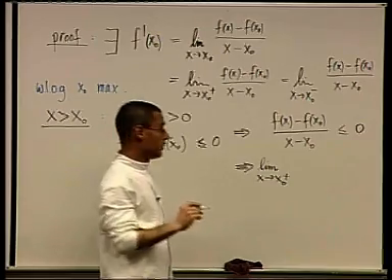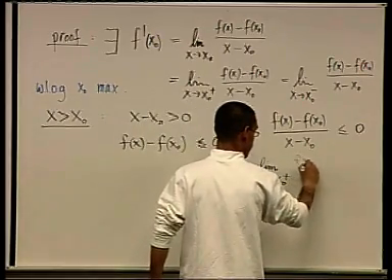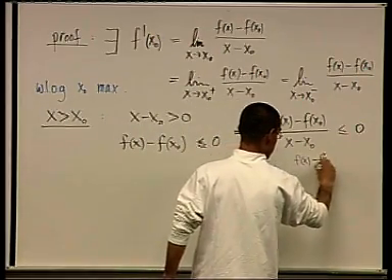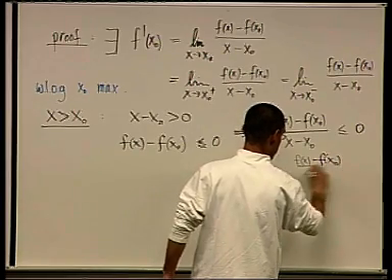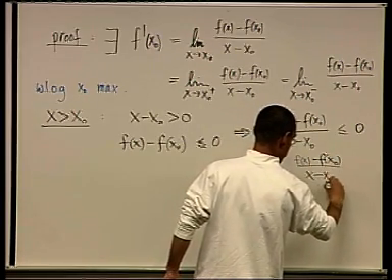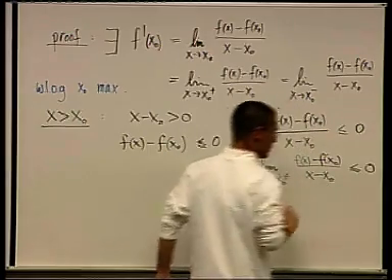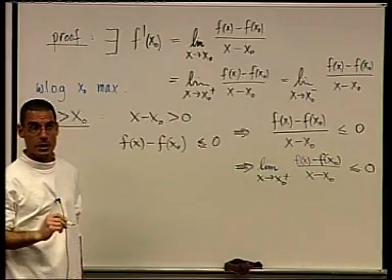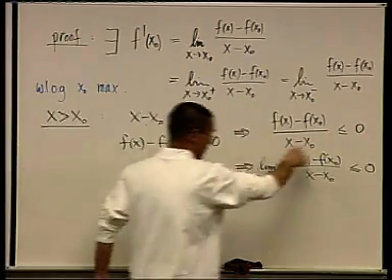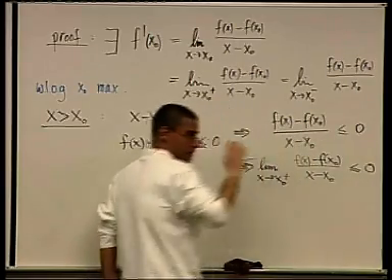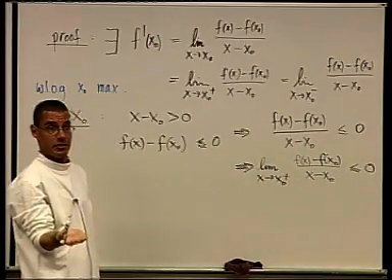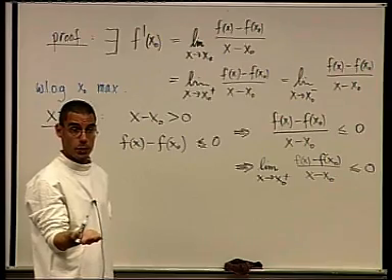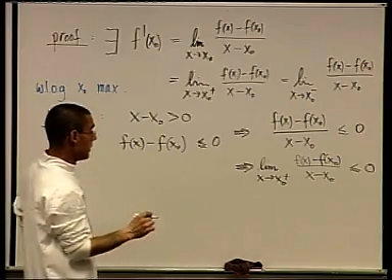What's the limit going to be? It's also going to be non-positive. Do you agree? There's no way that a function which is always non-positive is suddenly going to have a limit which is positive. Right? Do you agree?